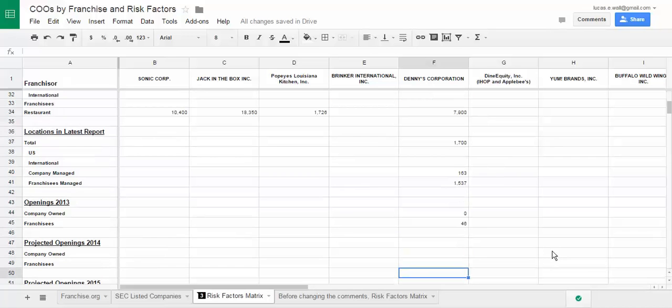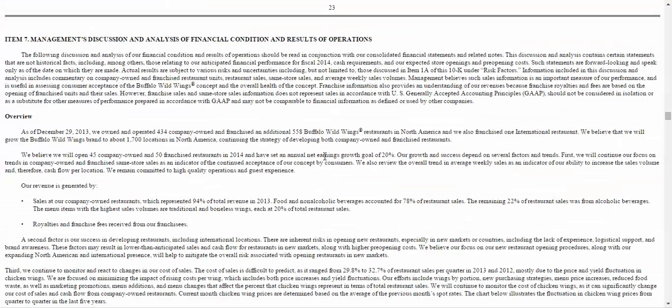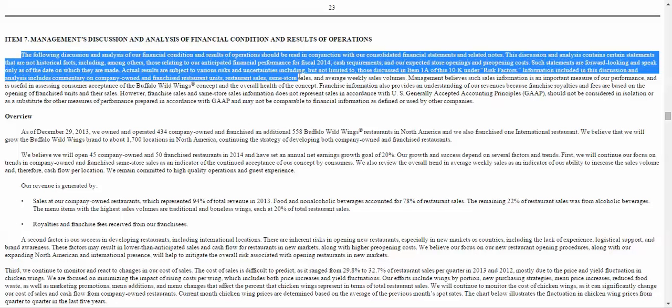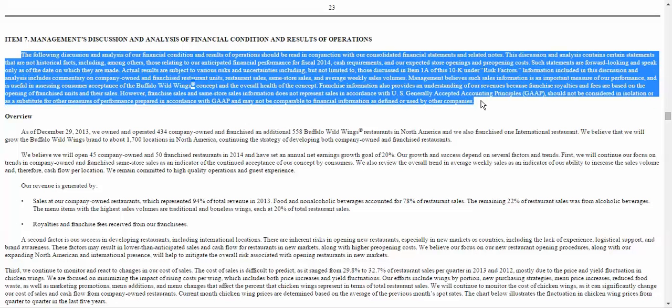I have seen others discussing similar data, and here, for example, in the overview, you see that this is a different section. This is the management discussion and analysis, also called MD&A. And it's a very important place, the only place in the 10K where you will hear the manager's voice saying this is what's going to happen with the company.